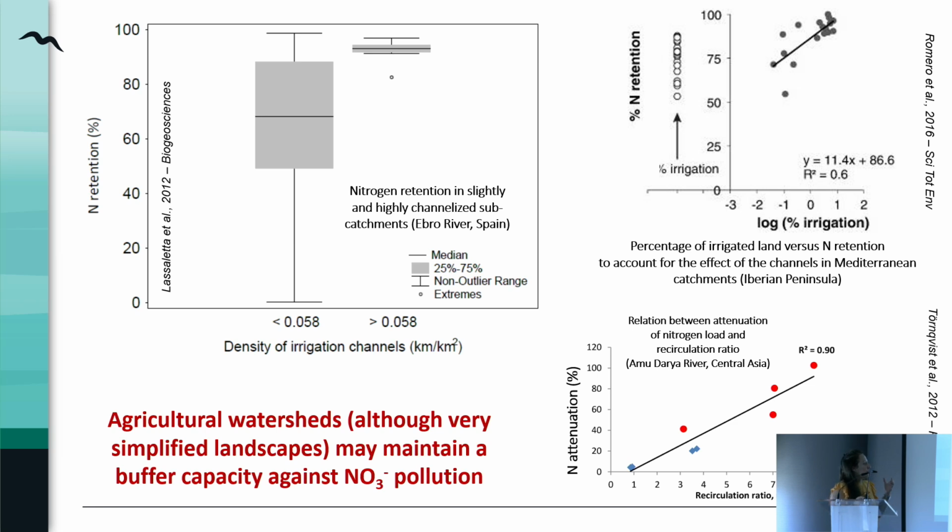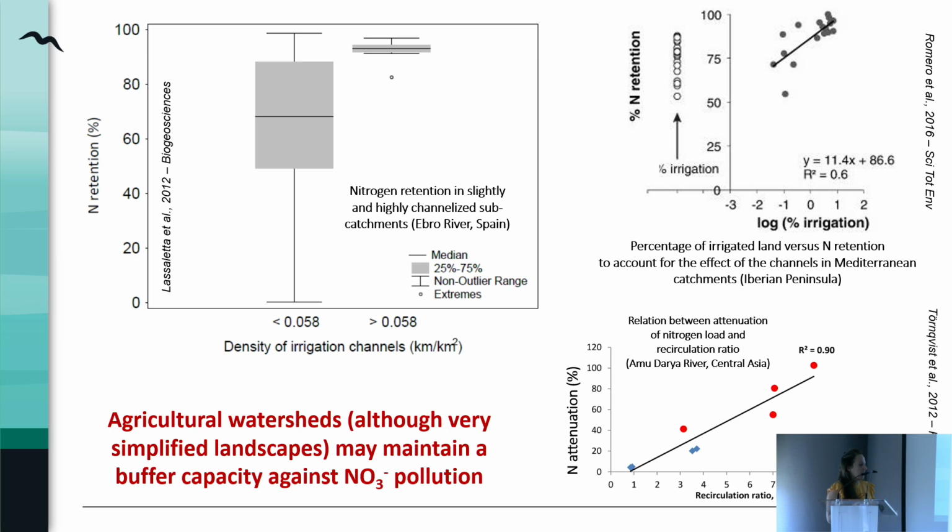And it's very curious because there is an inverse relationship between the nutrients exported from the river and the density of the canals, of the small ecosystems. And also the recirculation ratio of irrigated water is inversely related to the availability of nutrients in water.